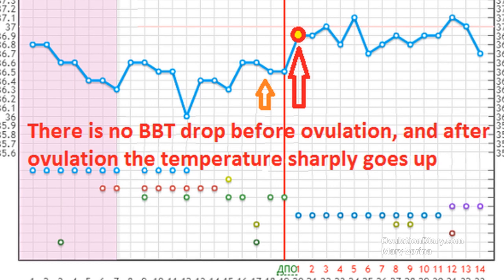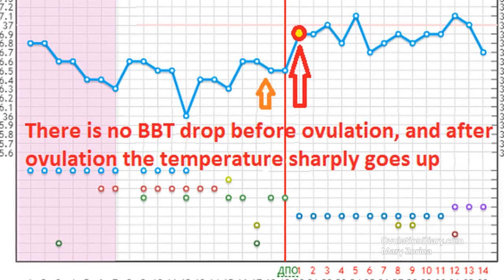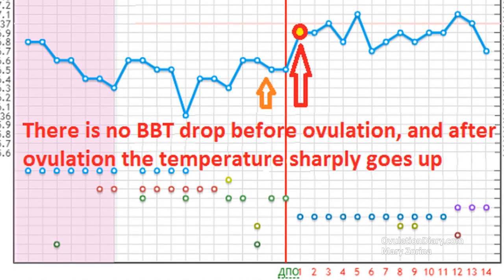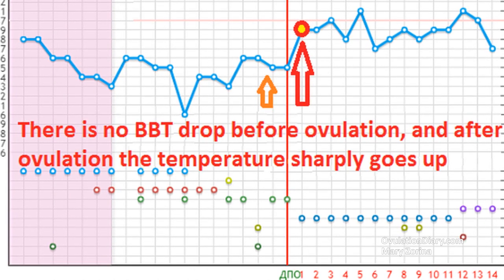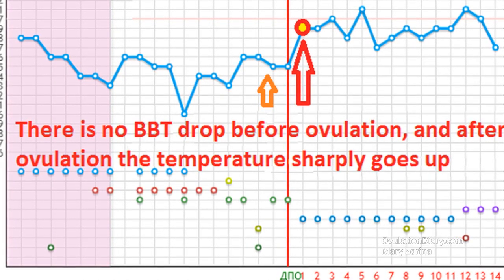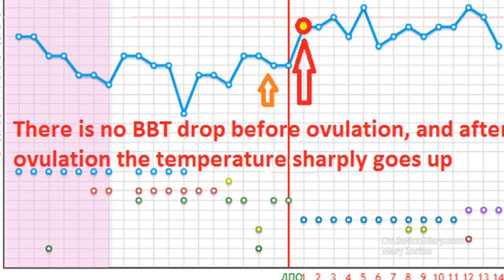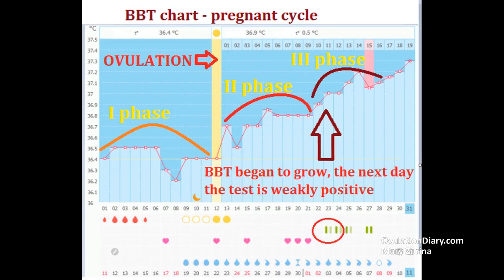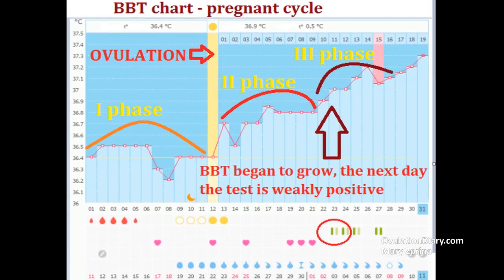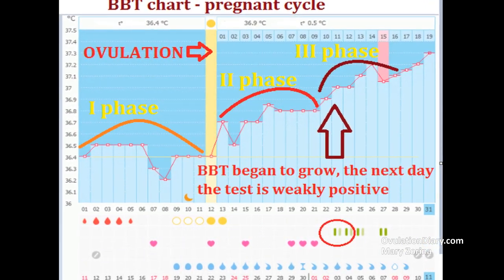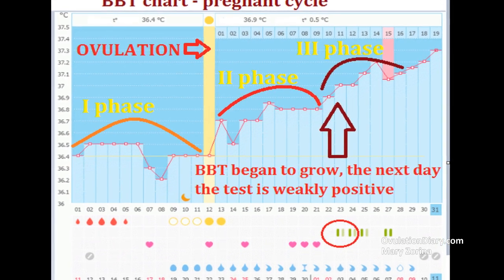Here is an example of how an ovulation curve, without the BBT drop, looks on the chart. There is no BBT drop before ovulation. And after ovulation the temperature sharply goes up. After analyzing the BBT chart, we can surely determine that ovulation has already occurred, provided that the measurements had been taken correctly.